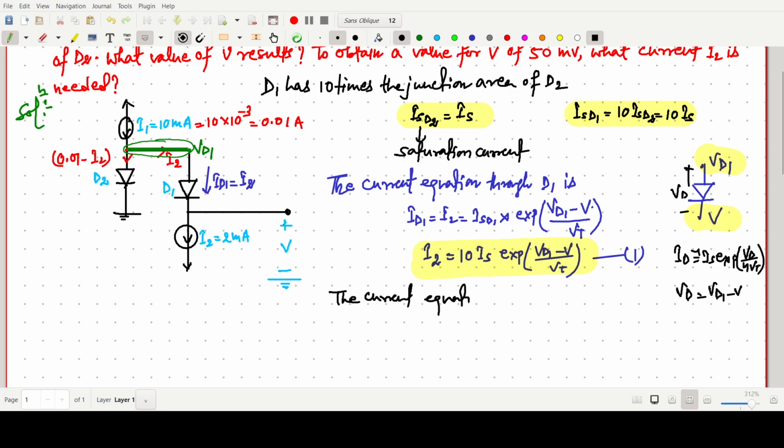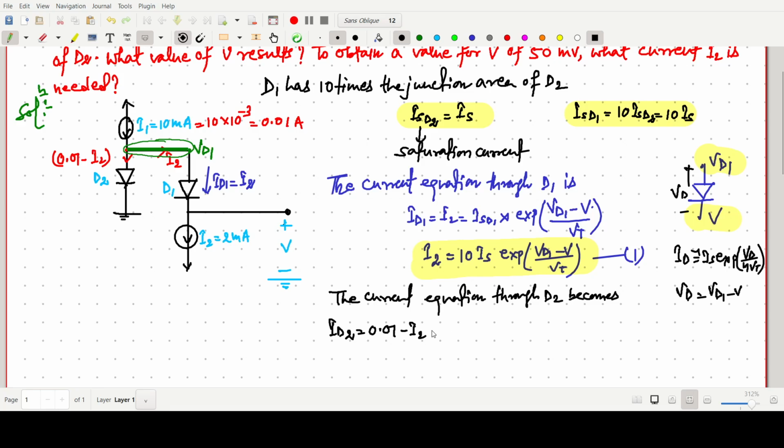The current equation through D2 becomes what? The current equation in this D2, we can write it ID2. The current ID2 is nothing but simply 0.01 minus I2, 10 milliampere minus I2.